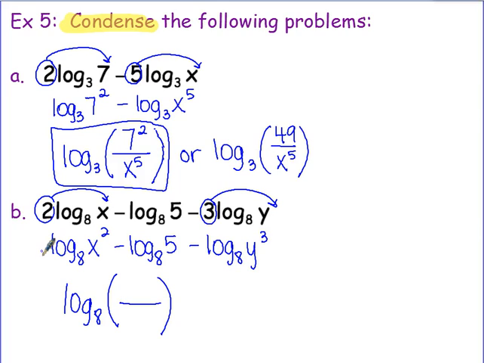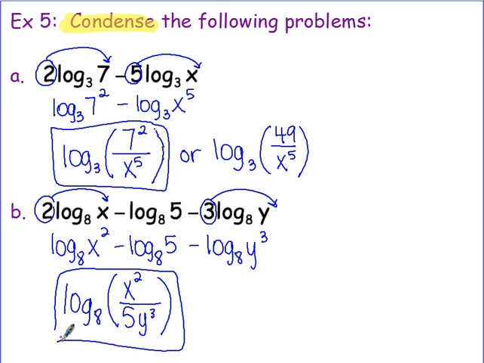Well, if you look in front, it is positive. So x squared goes on top. This next log is negative, so the 5 goes on bottom. This next log is also negative, so the y to the 3rd also goes on the bottom. And that is a done answer.